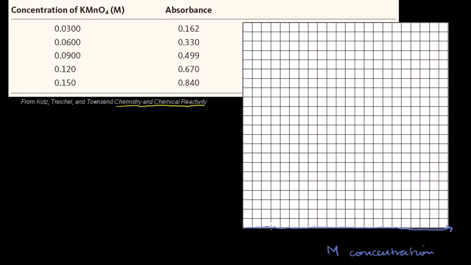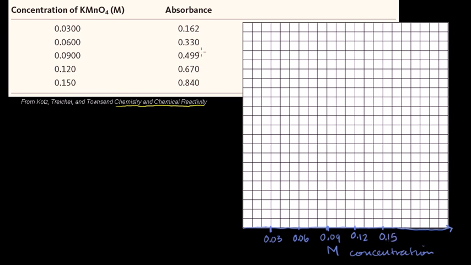So let's make this 0.03, then go 3 more, this over here is 0.06, then this over here is 0.09, this is 0.12, and then this is 0.15.